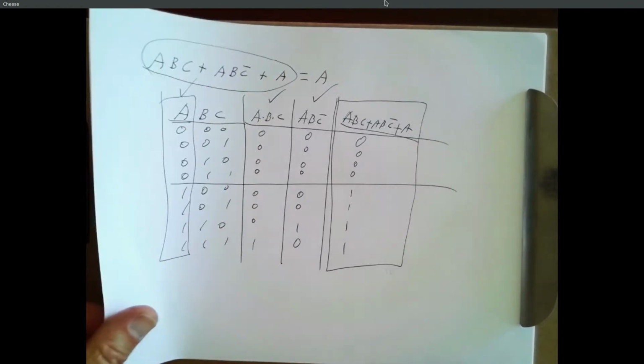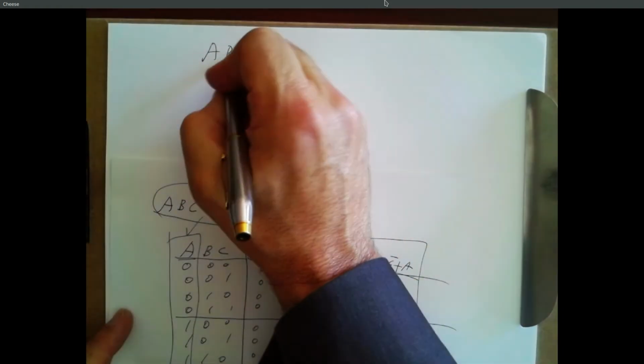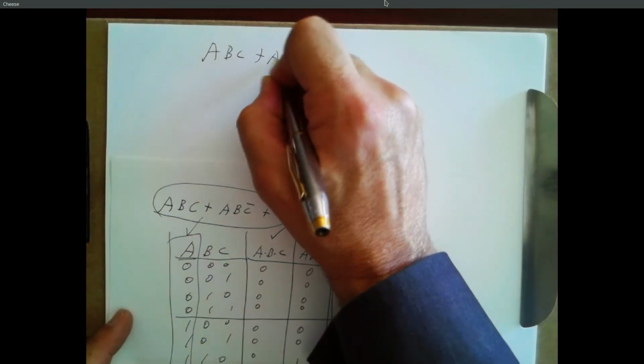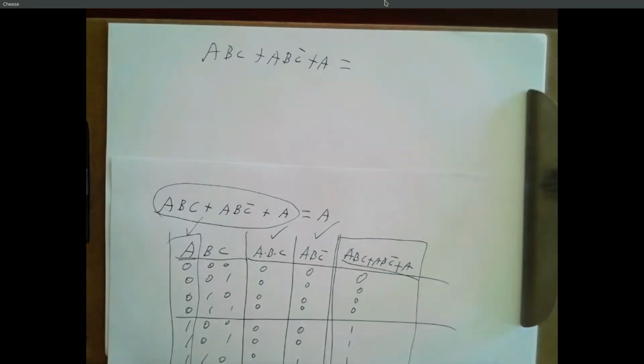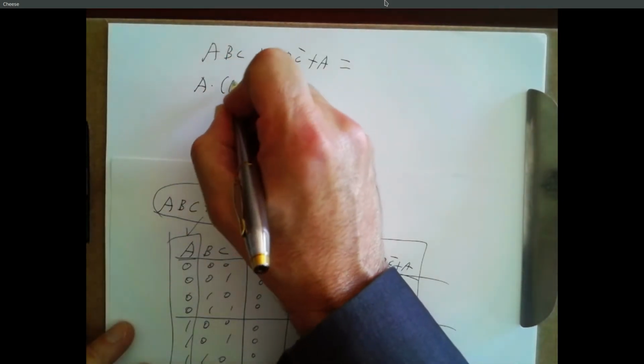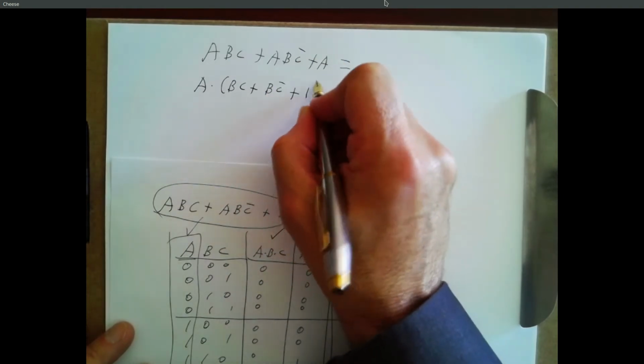And algebraically, if we wanted to show that, we might do something like ABC OR ABC bar OR A. And we can distribute something that's multiplied by an expression. We can also factor things out, just like regular algebra. So this is actually A ANDed with BC OR BC bar OR, and this is just a 1.